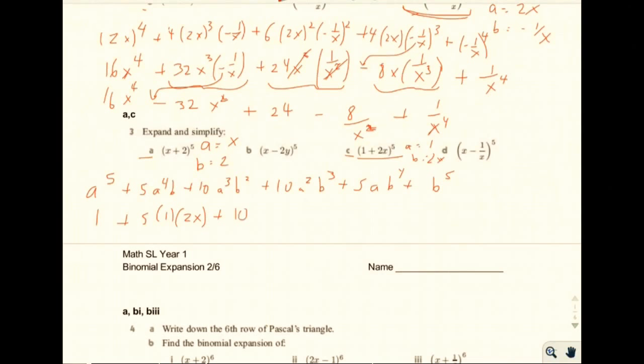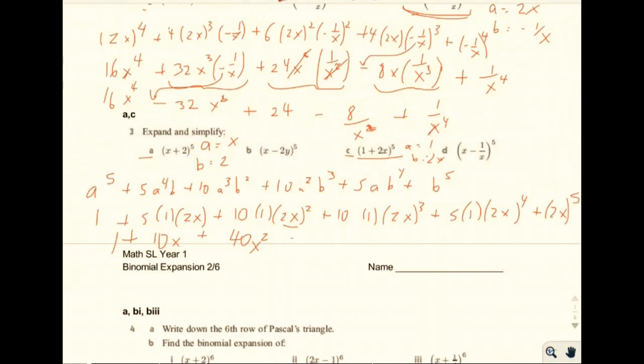Actually, this one wasn't so hard after all because it's got a 1 in it. So actually this isn't so complicated. 5 times 1 times 2 is 10x. 10 times, this would be 4x squared, so that would be 40x squared.